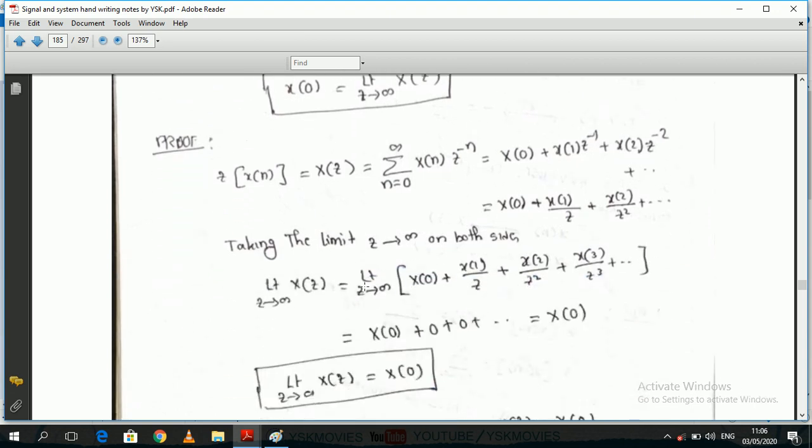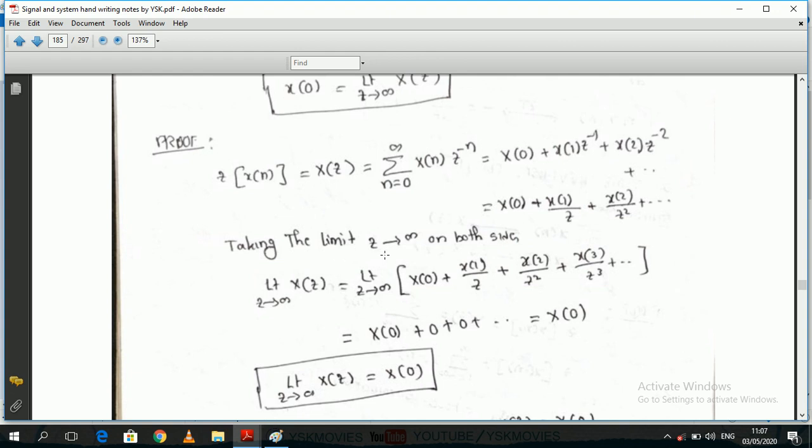See, the z transform of x of n is X of z, which is the sum from n equal to 0 to infinity of x of n z power minus n, which is equal to x of 0 plus x of 1 z power minus 1 plus x of 2 z power minus 2, and so on.